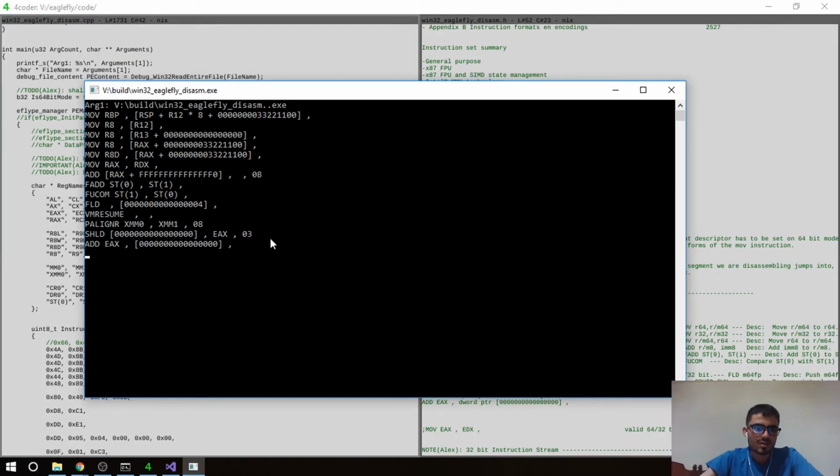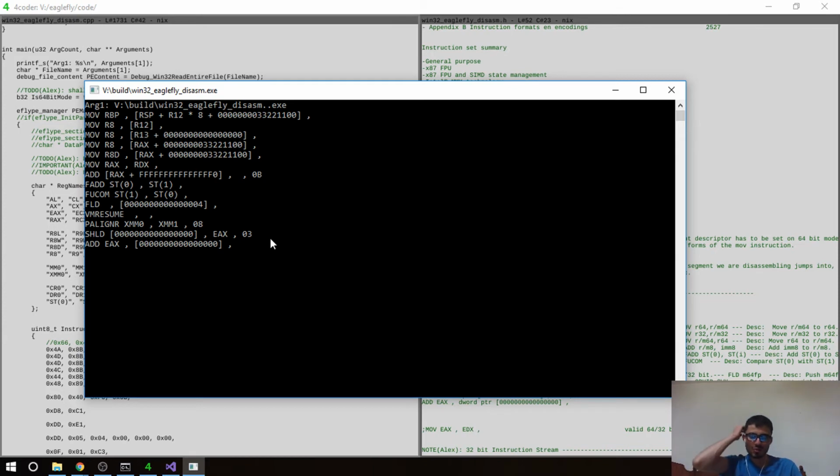So if we see this, we see R12, R13, RAX, the same thing, RAX, RDX, RAX, FF0, ST0, ST1, ST1, ST0, FLD, EAX stuff, craziness going on there. All seems fine. So that's kind of cool. Now we've assembled that special case.